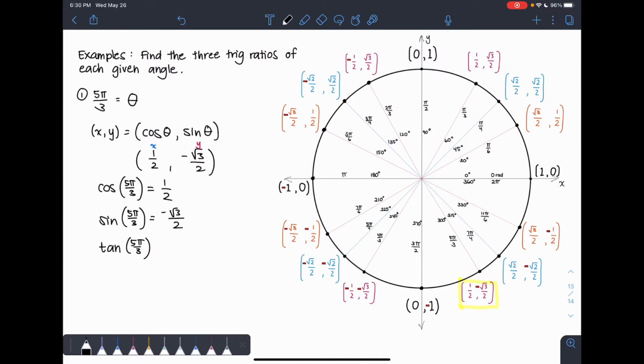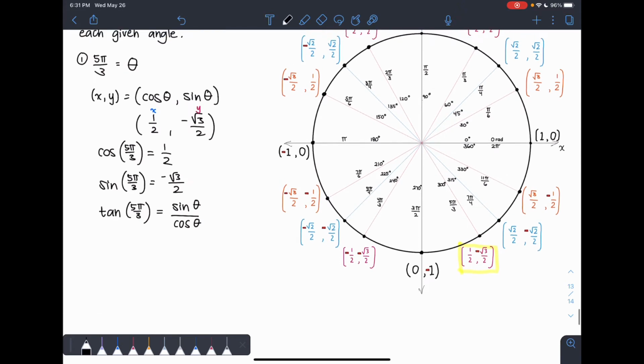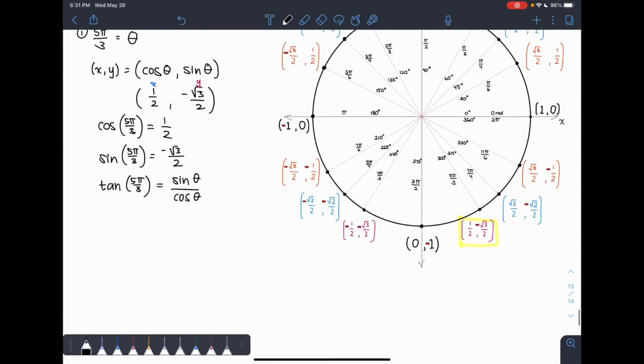When we do this, we're going to use that equivalence, that tangent of theta is equal to sine of theta over cosine of theta. Here, we can sort of ignore the unit circle.